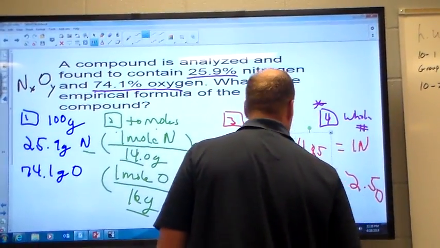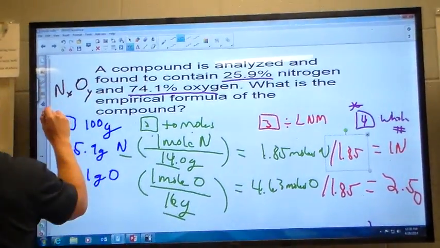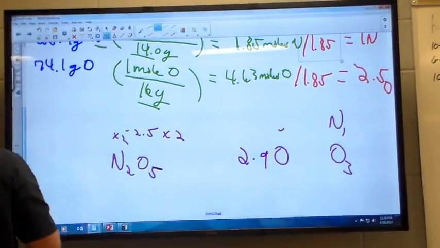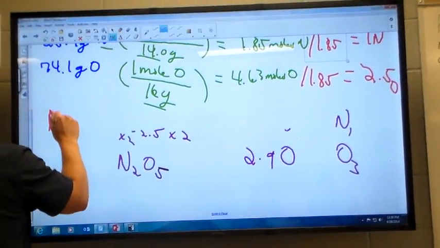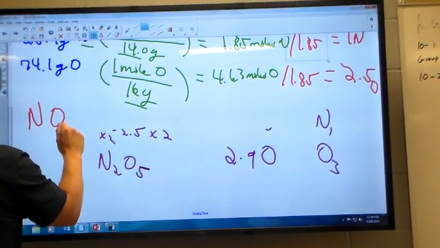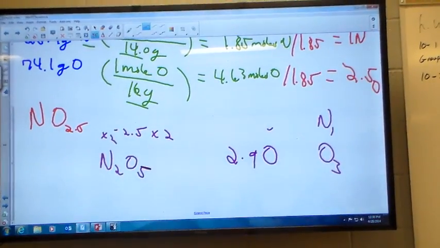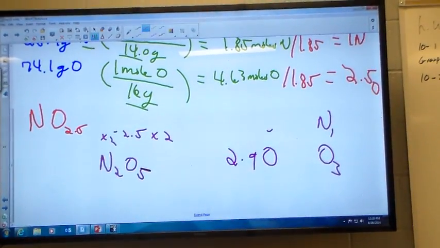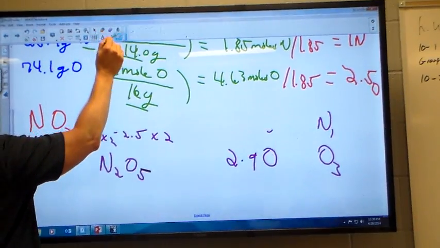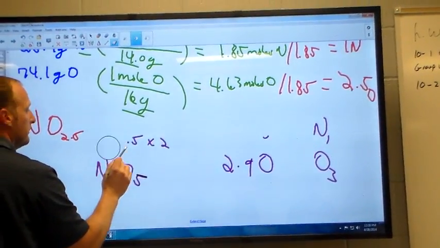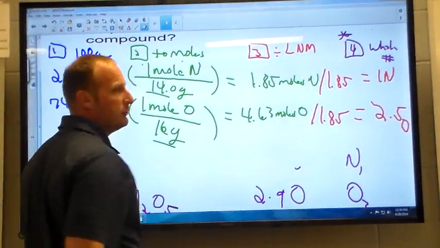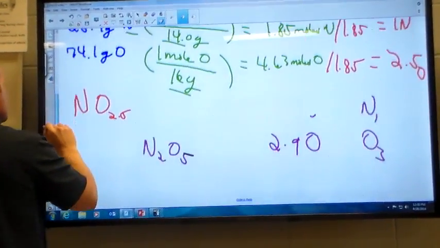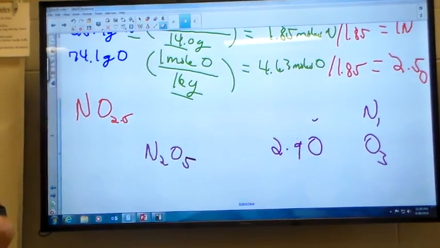All right, so now we come and say, I have what? N1, O2.5. Guess what? I can't have a 2.5. So what am I going to do? Step 4 says multiply by a whole number if needed. If I take 2.5 and multiply it by 3, that's not going to give me a whole number.